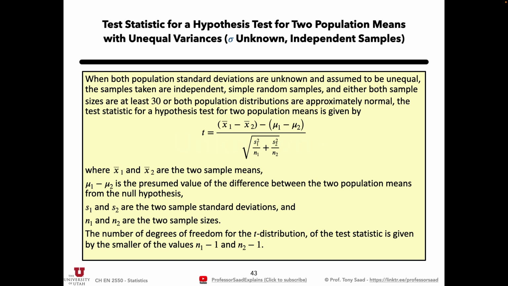It has a little bit more uncertainty, so it compensates for those errors. Now, in this case as well, exactly the same as with confidence intervals, we're going to use a t-distribution, and the t-distribution requires degrees of freedom. The number of degrees of freedom of the test is given by the minimum of n1 minus 1 and n2 minus 1.